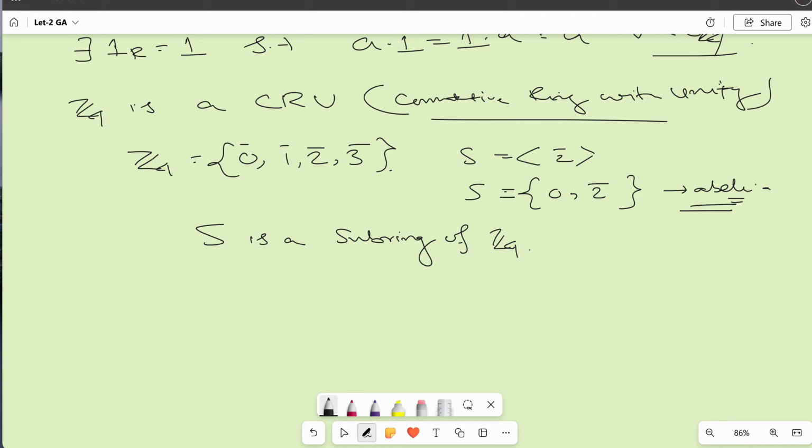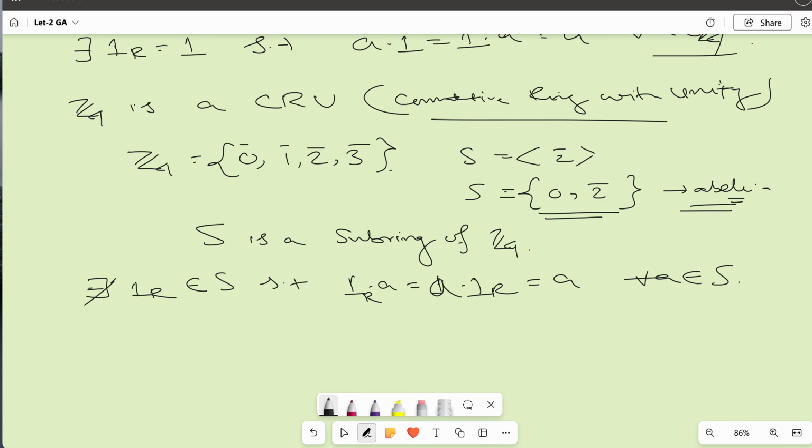There is no 1r inside S such that 1r dot A equals A dot 1r equals A for every A inside S. So there is no 1r, right? Is there a condition? No, there is no condition.